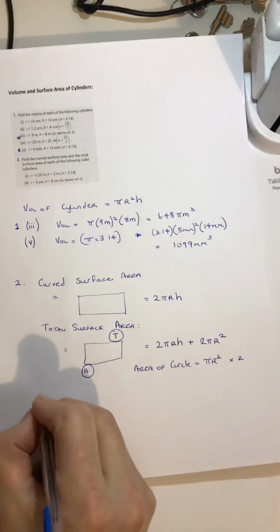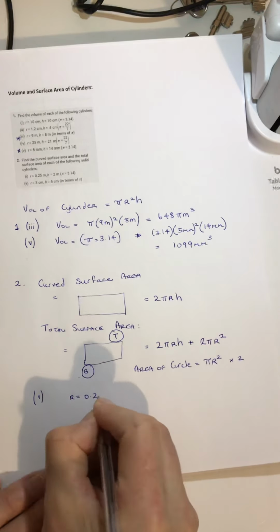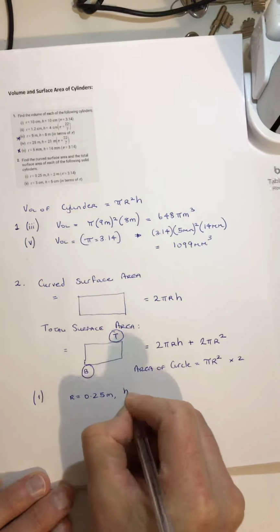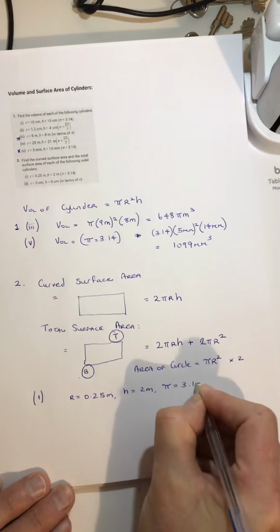Look at part 1. So the radius is equal to 0.25 meters. The height is equal to 2 meters. Pi is equal to 3.14.